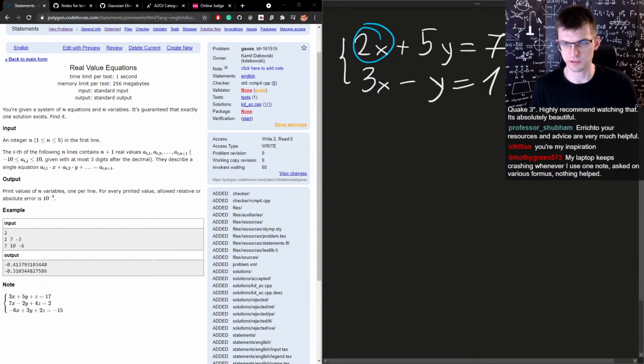I should just decrease the 5. To what? Do I want to make it this integer or not? Let's make it non-integer, but small. This will be just y. And here something divisible by 2 for convenience, say 4.